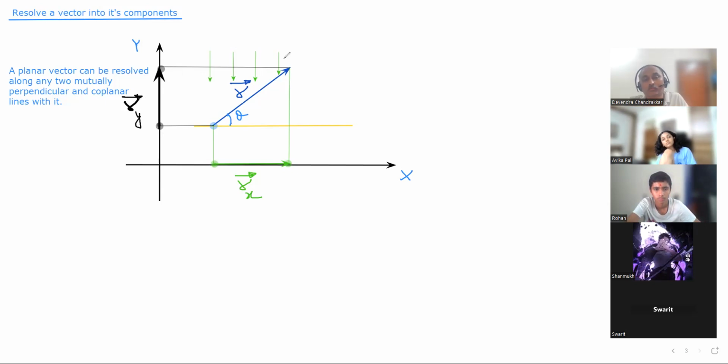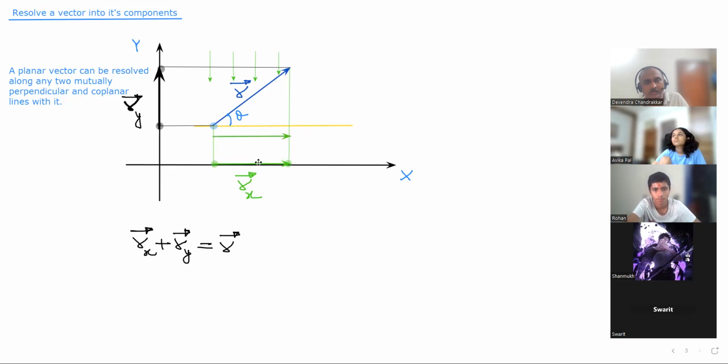Now, we want to prove that if we add these two components, we get the vector back. That is, if I add vector Rx and vector Ry, will I get back vector R? So let's check.